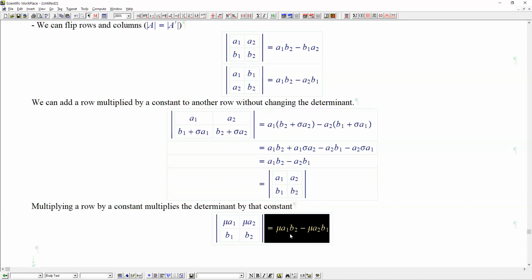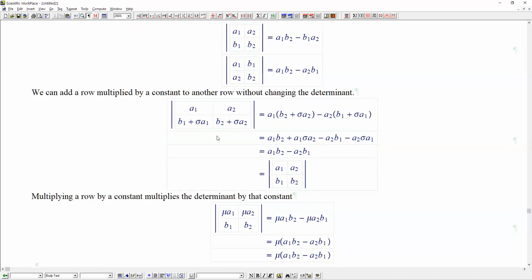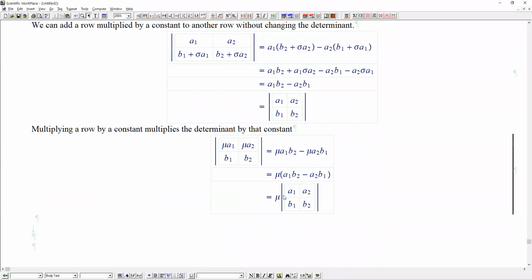So this is going to be equal to mu times the determinant of A1, A2, B1, B2.